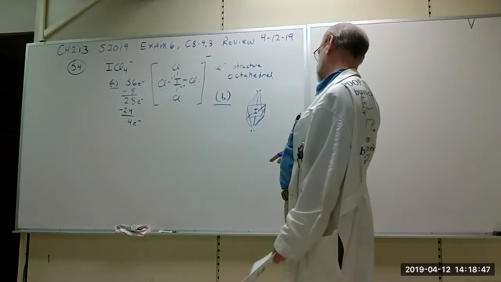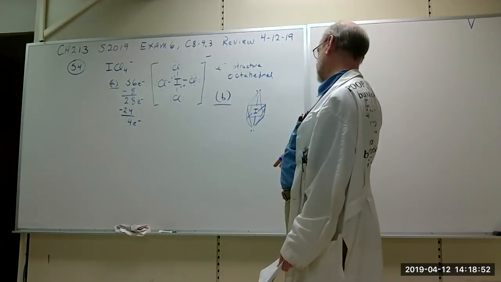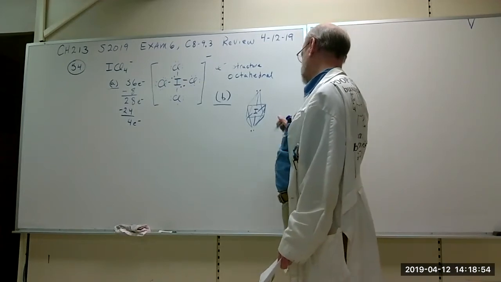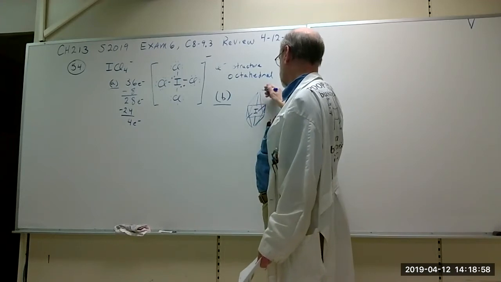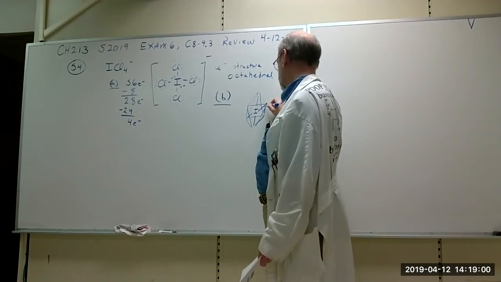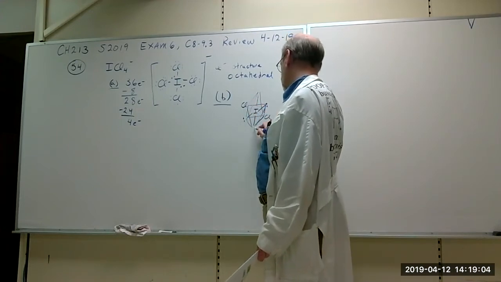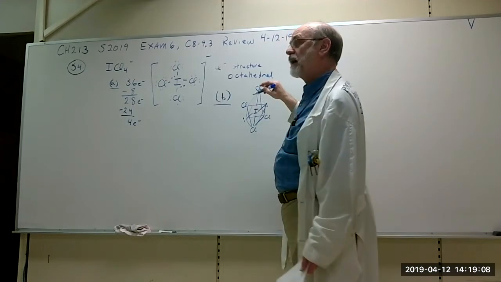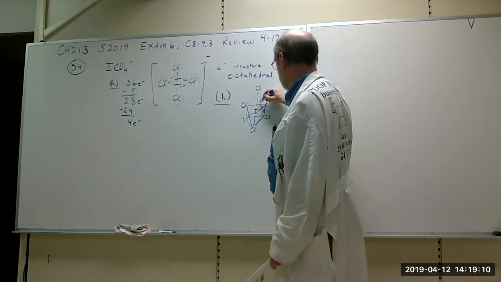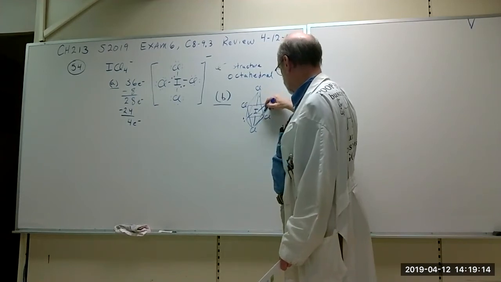Would that give us a dipole, if we did this? If we put chlorine here, here, there, and there, then chlorine's going to be more electronegative, like this.